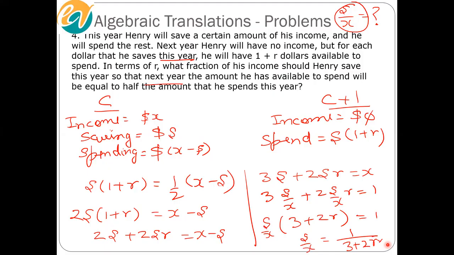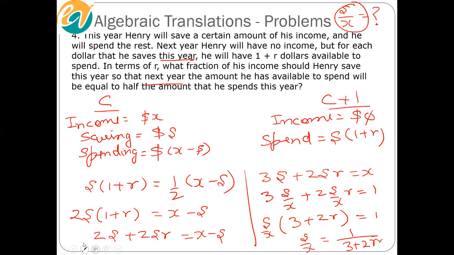I'm hoping I've not made any calculation mistake anywhere. Yeah, looks okay. Clear?